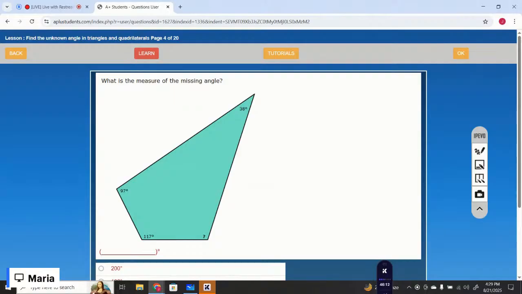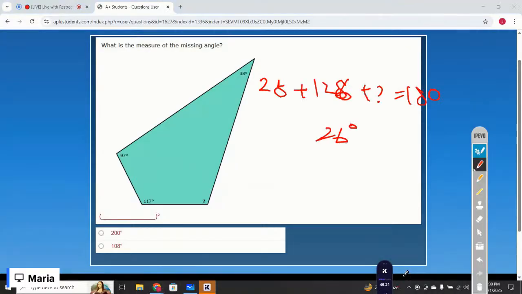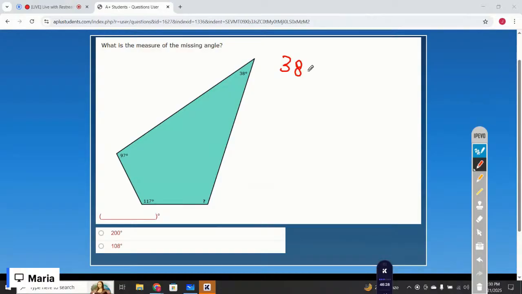So that is a four-sided shape, right? So the sum of the angles of a four-sided shape must be 360 degrees. So let's just add all the given angles and then subtract the sum from 360, right? 38 degrees, 97 plus 107 plus the missing one and their sum must equal 360.